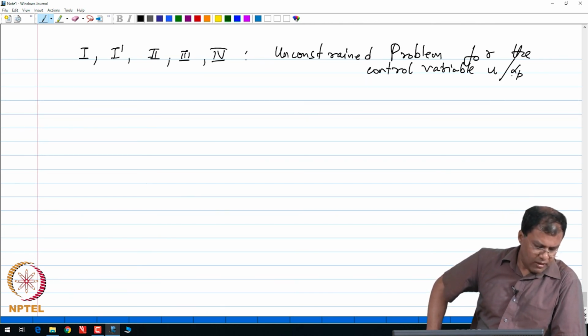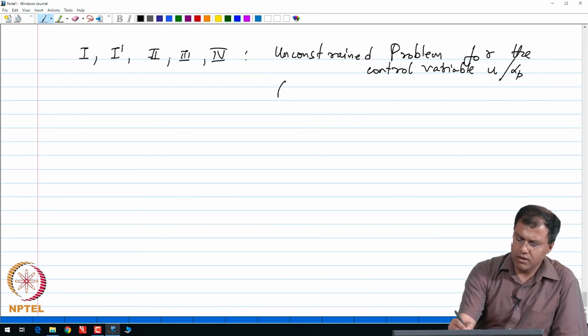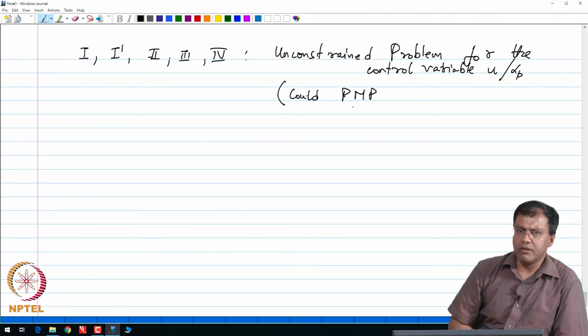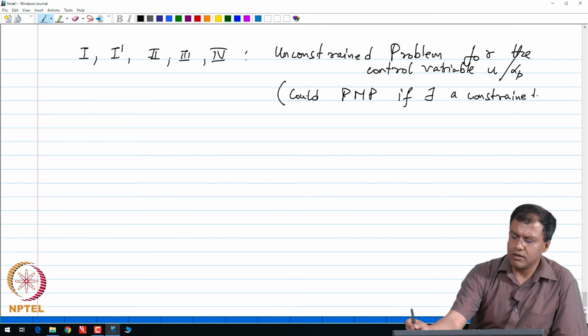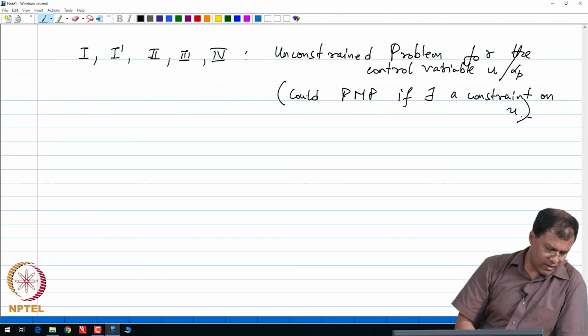And we could apply the Pontryagin minimum principle if there is a constraint on u, right, we could always do that.